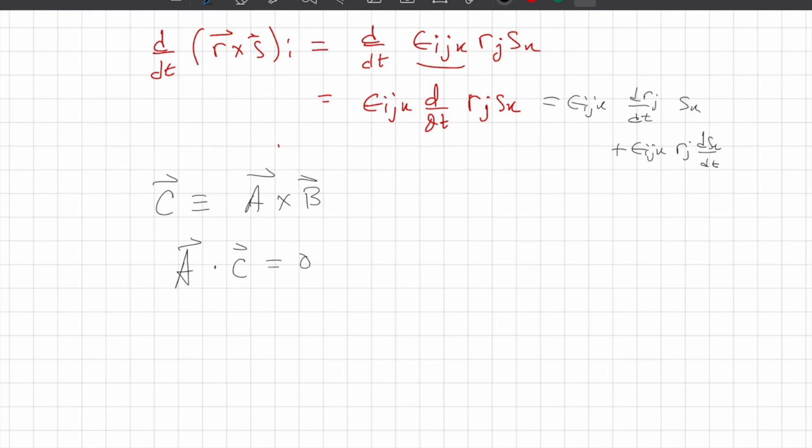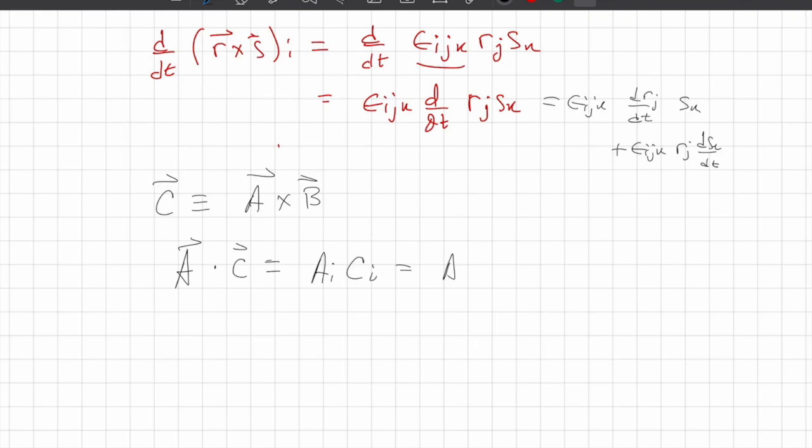It should be 0. Well, let's see from this notation what we get. Well, A dot C is going to be what in this notation? It's going to be A_i C_i, right?